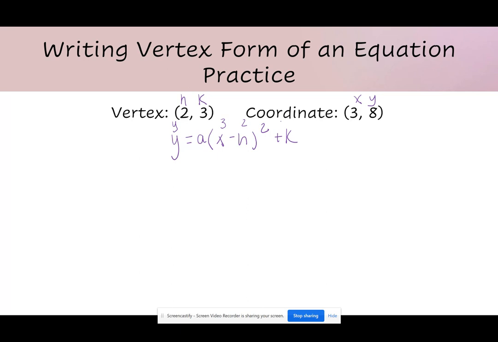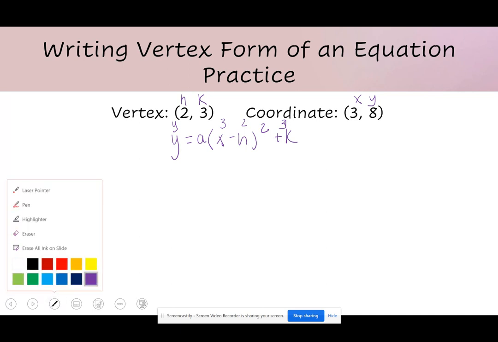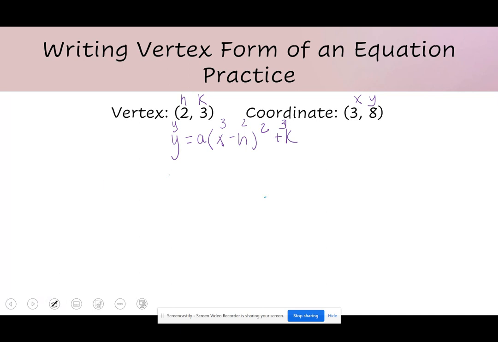Your h is 2 and your k is 3. So I'm going to rewrite this full equation. So we have, that should be an 8. 8 equals a. We don't know a yet. That's what we're trying to find out. Times (3 minus 2) squared plus 3.